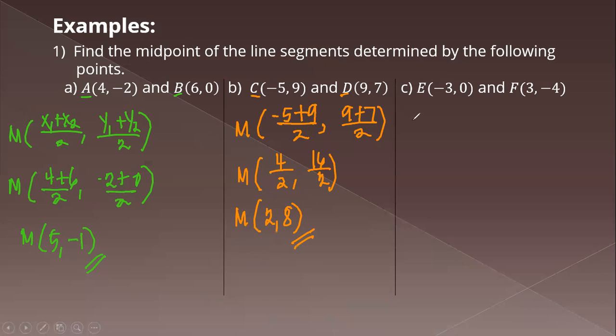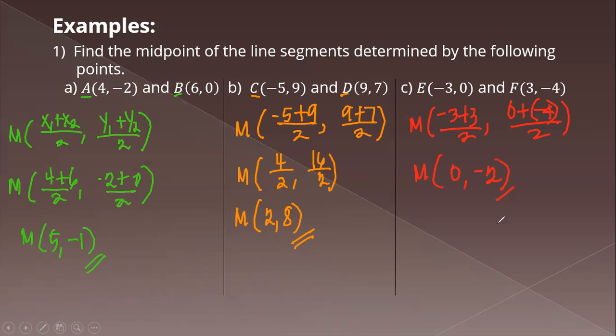Next, let us determine the midpoint between E and F. So the same process: we have negative 3 plus 3 over 2, and then 0 plus negative 4 over 2. So the midpoint M: negative 3 plus 3 is 0, divided by 2 is 0. 0 plus negative 4 is negative 4, and negative 4 divided by 2 is negative 2.